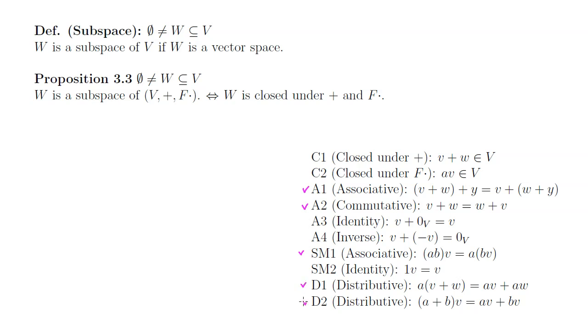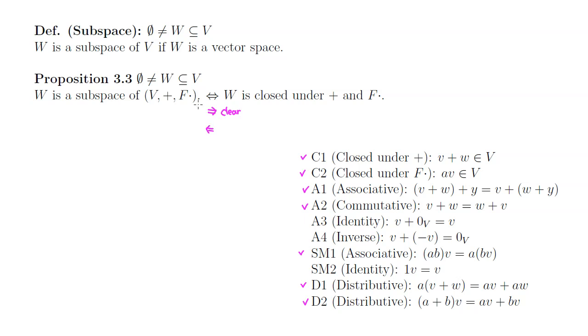Then we're assuming that W is closed under addition and scalar multiplication, so we can check off C1 and C2 because that's a given. Remember, the forward direction is clear, but this is the direction we're proving right now.